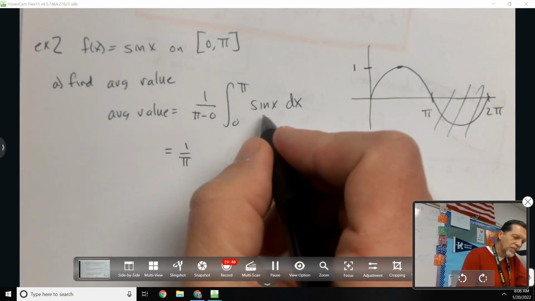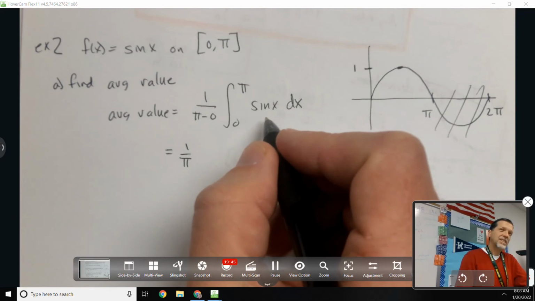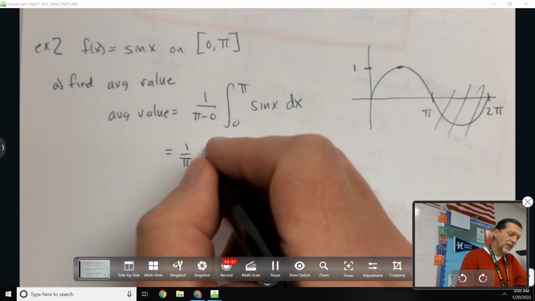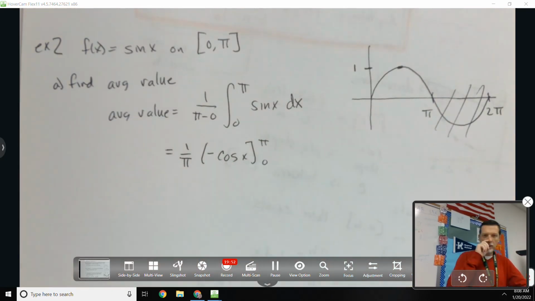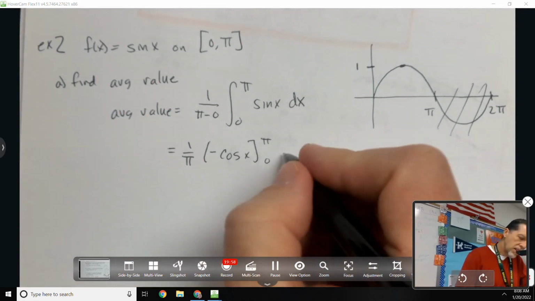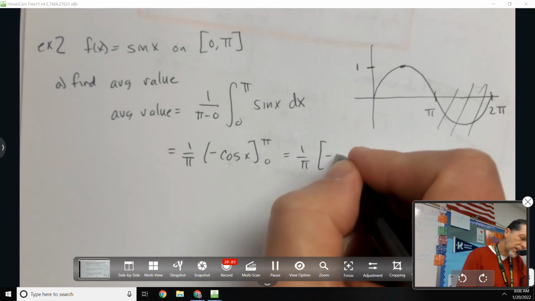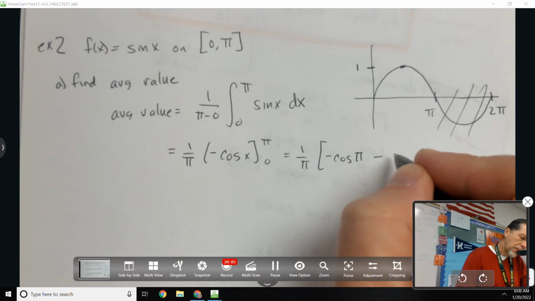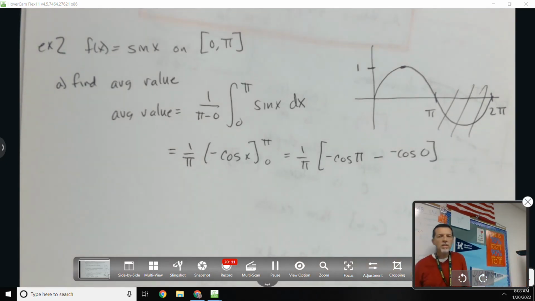Let's see. Integral of sine. Antiderivative of sine. It's cosine or negative cosine, but it's negative cosine. From 0 to pi. So that's 1 over pi, and then negative cosine of pi minus negative cosine of 0. Lots of negatives to keep up with, which means I probably should have taken the negative out to start with, but oh well.